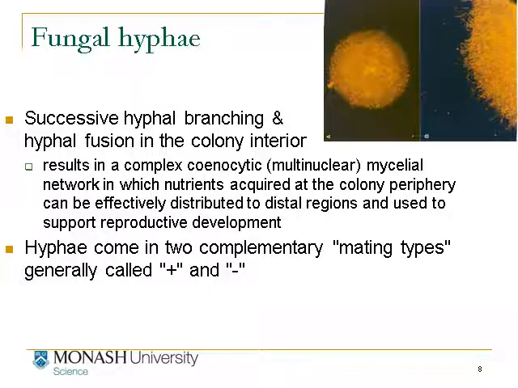Hyphae come in two complementary mating types, and we normally label them as plus strand or minus strand, as we can't easily define or label them as male or female type.